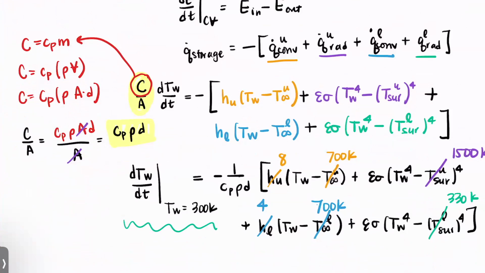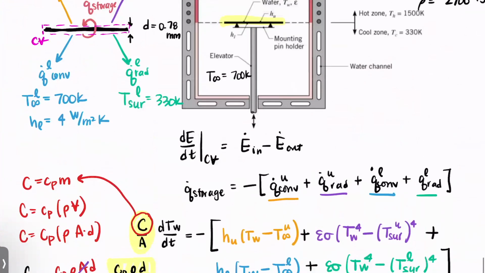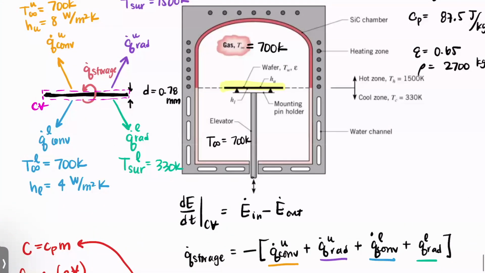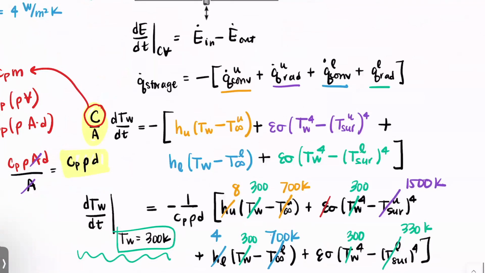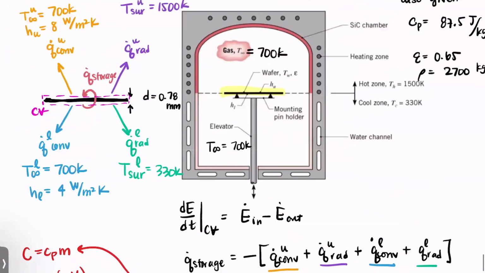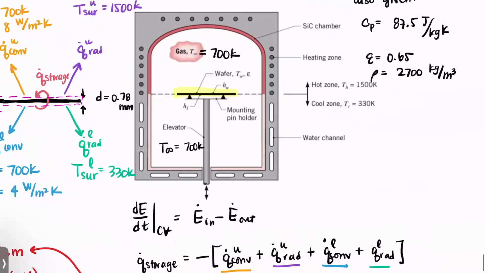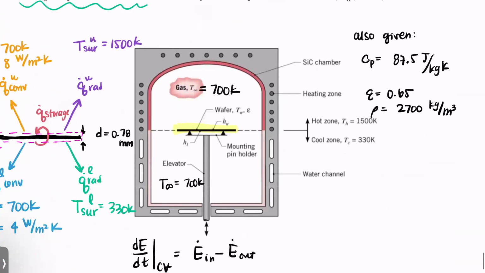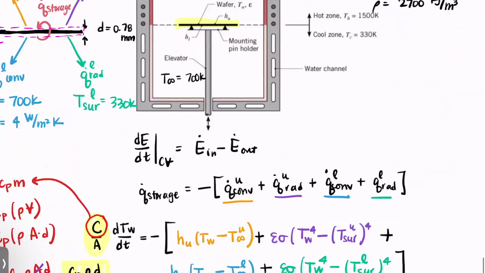All right, we're using TW is 300, right? So all of these places, we're going to use 300. Our emissivity was given to us as 0.65. And then we're also given sigma. Sigma's given to you, but I didn't write it down.